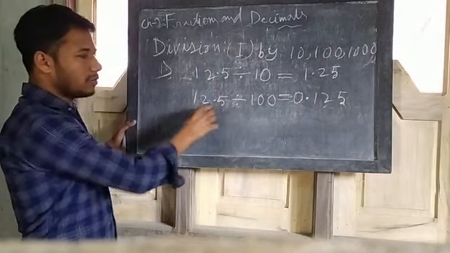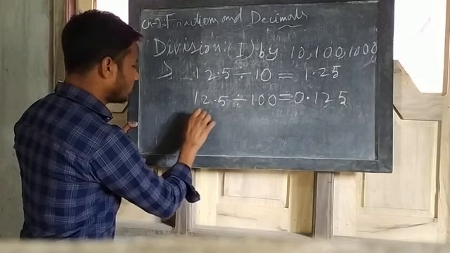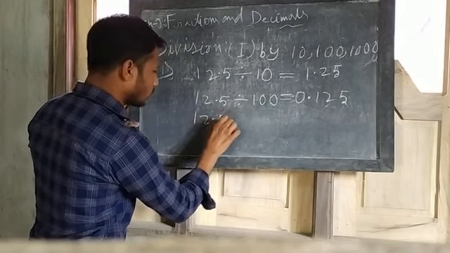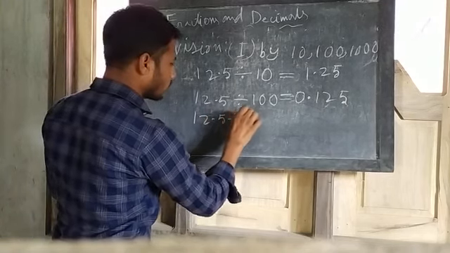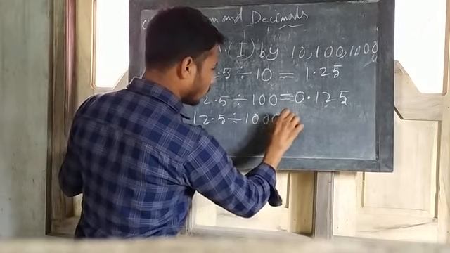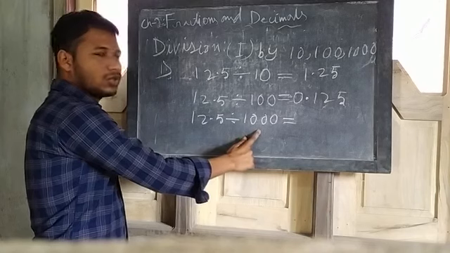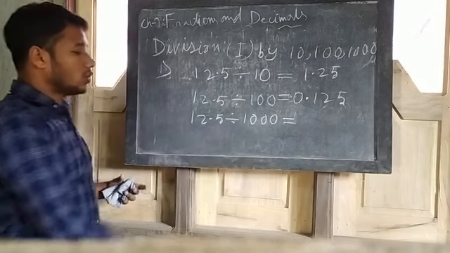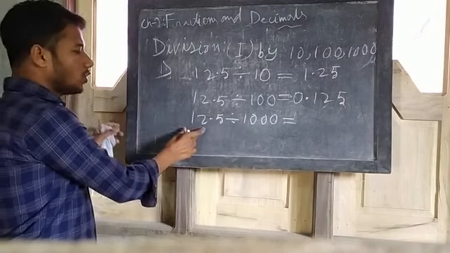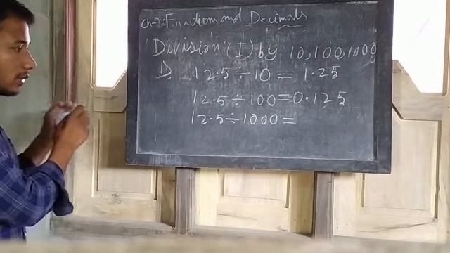If we divide the same number by 1000, in 1000 there are 3 zeros over 1. So the decimal point will transfer 3 places to the left side.